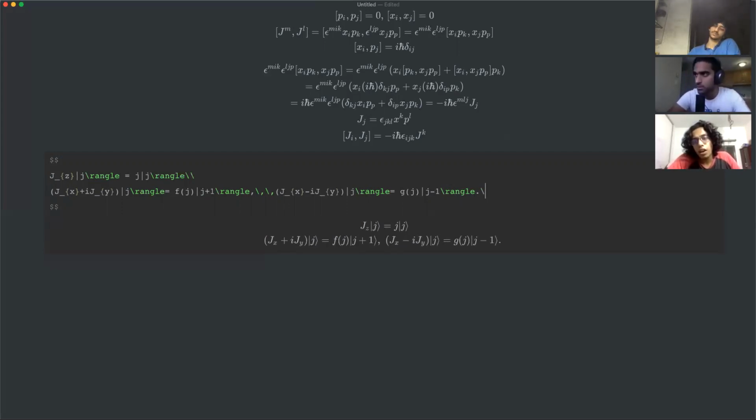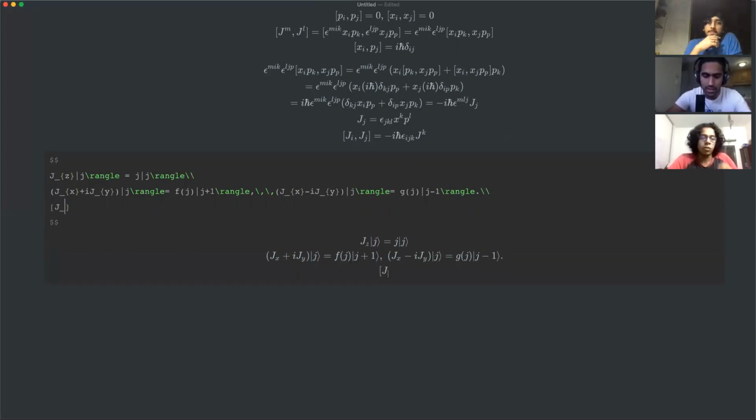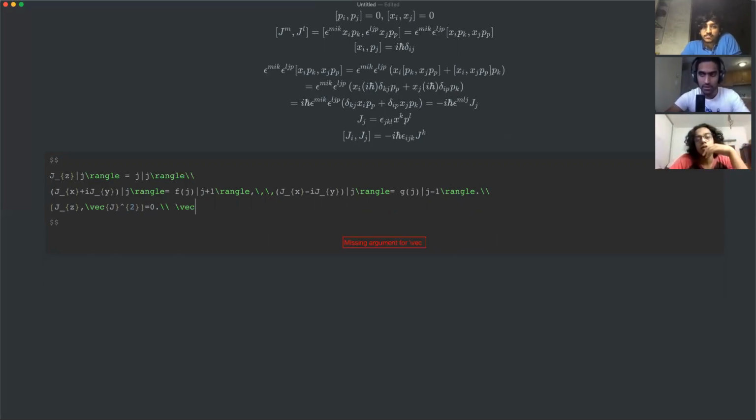So this is still true though. The commutator between J sub Z and... And so what you have, this is one of the most horrendously explained concepts in 11th grade chemistry or something.